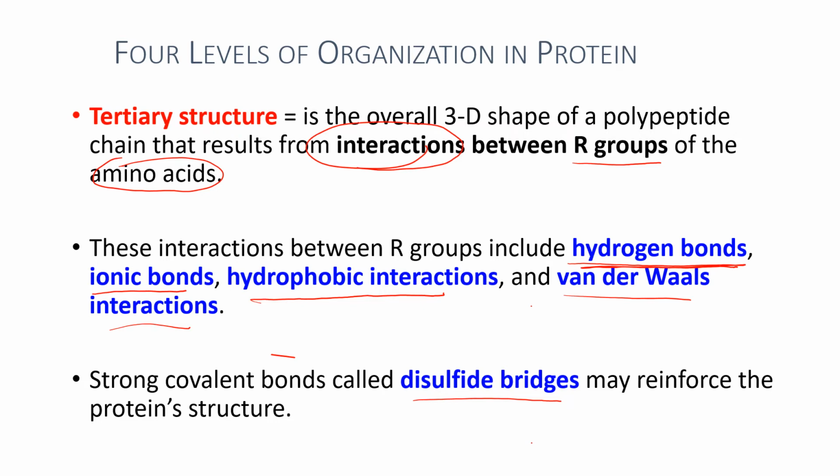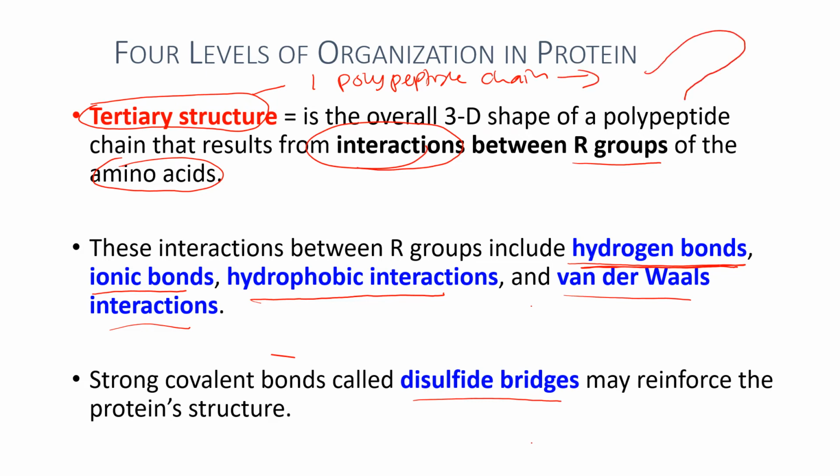Basically, the tertiary structure results from one polypeptide chain that is folded into a specific shape due to the interaction between the side chains of amino acids along the polypeptide chain.